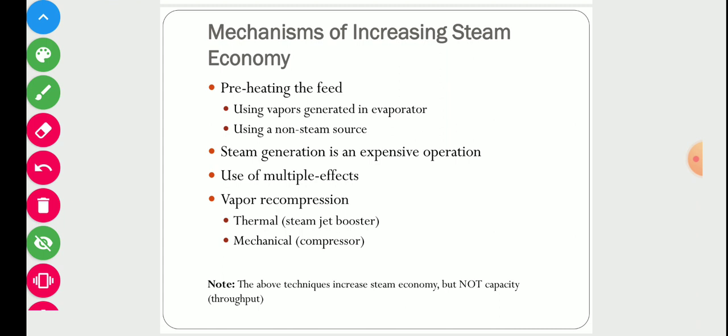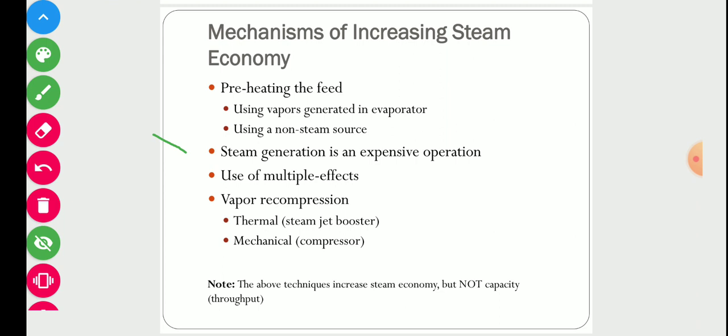So one way to increase economy is by preheating the feed. This preheating can be done using vapor generated in the evaporator itself, or we can use some non-steam source. Because steam generation is an expensive operation, use of a multiple effect evaporator is helpful to increase its steam economy.